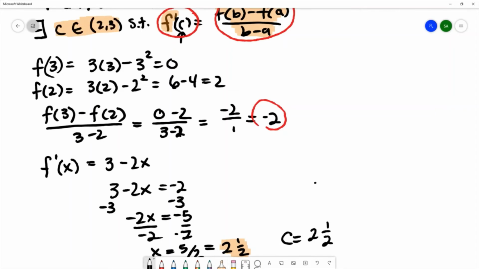So if we think about our interval, we have 2 and 3, and 2.5 does fall in that interval between 2 and 3. So we found the value of c that is guaranteed by the mean value theorem.